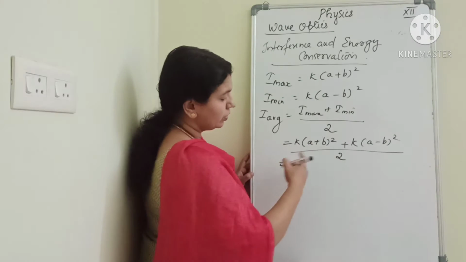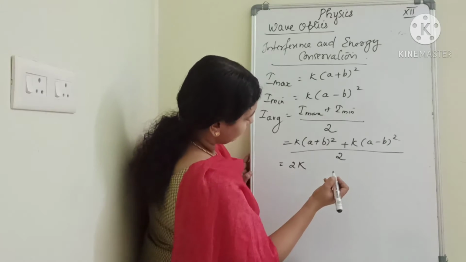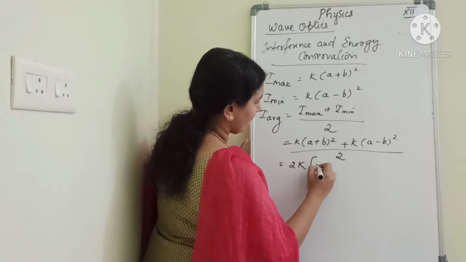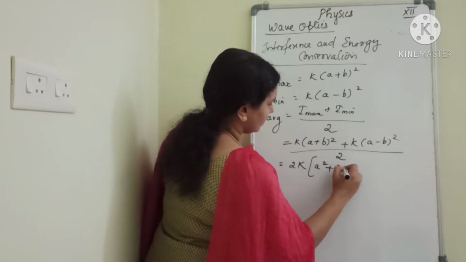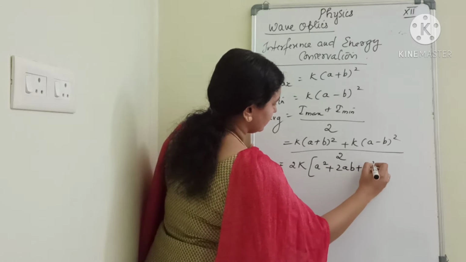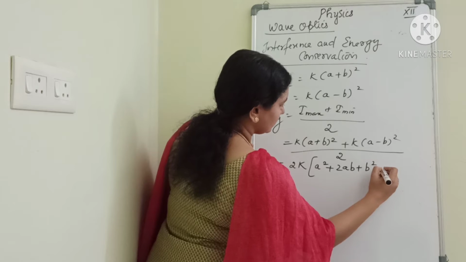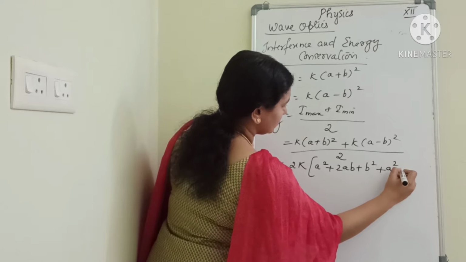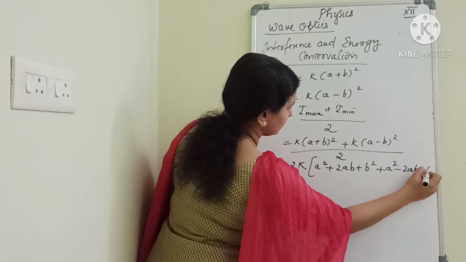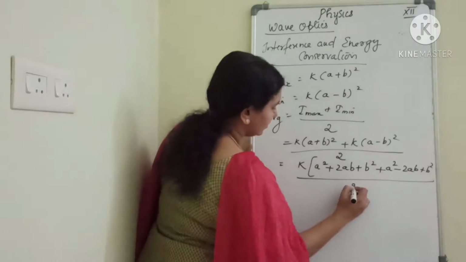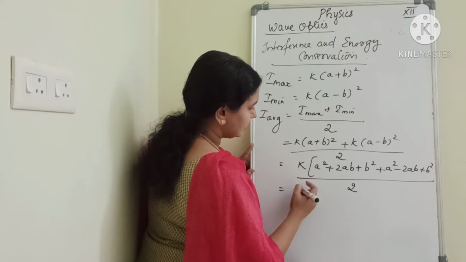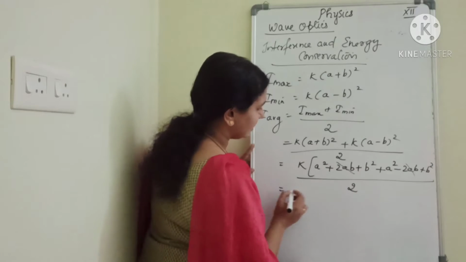K is common, divided by 2. The 2AB terms will get cancelled.